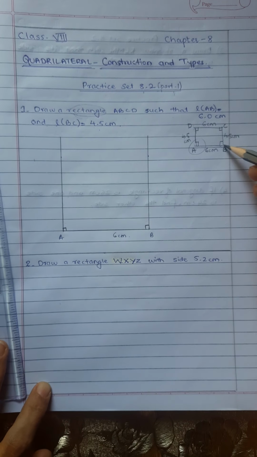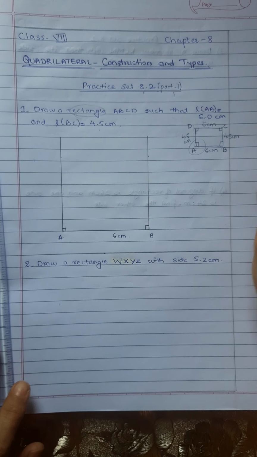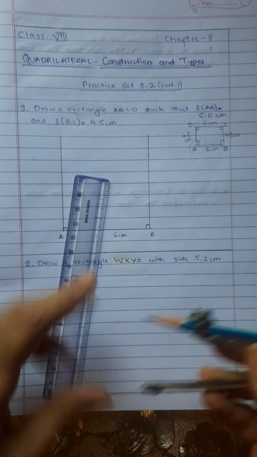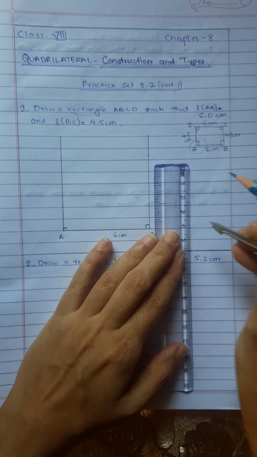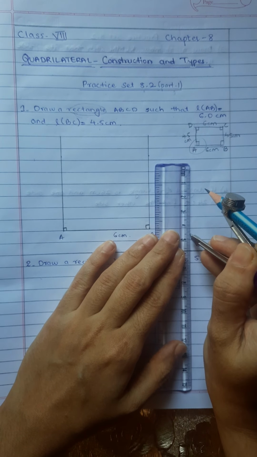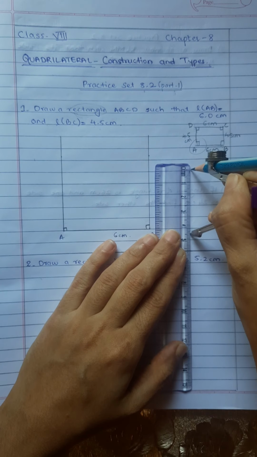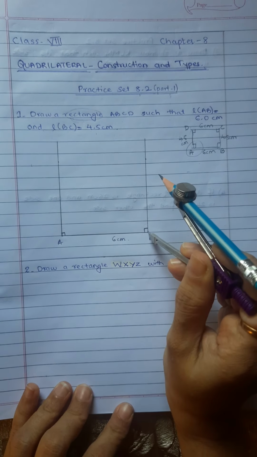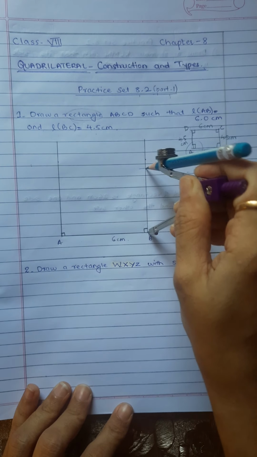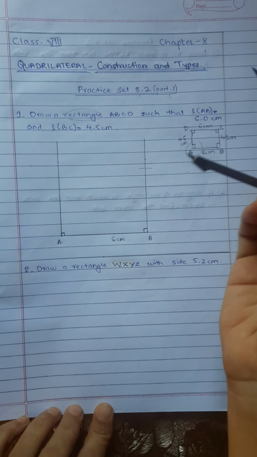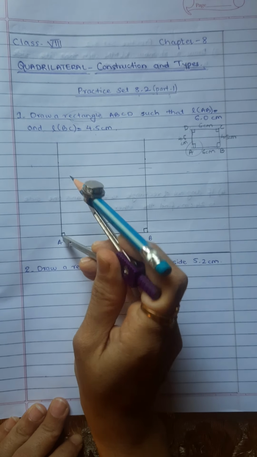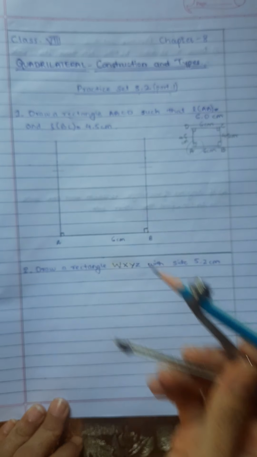Now BC is 4.5 centimeters. Take a compass. Take 4.5 centimeters in the compass using the scale. Here is my 4.5 centimeters. So keeping on vertex B, make an arc here. The same 4.5 centimeters, keeping on vertex A, make an arc here.